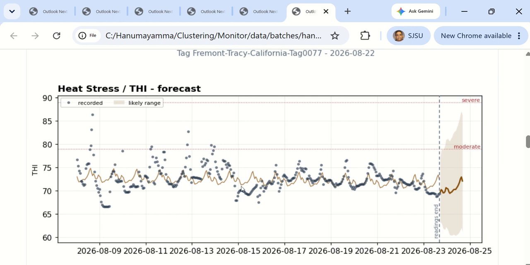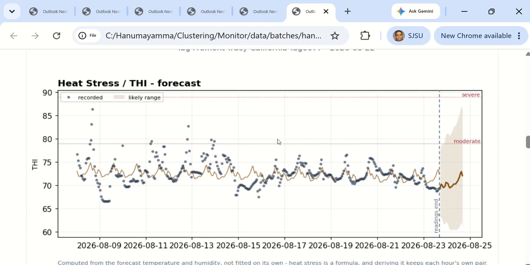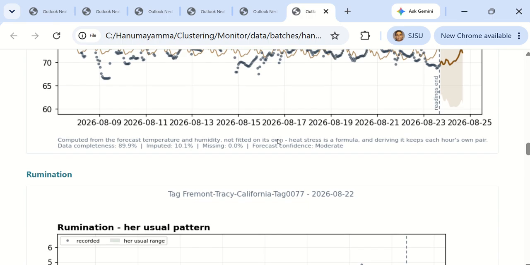The likely range is in brown. And on the right, you see the moderate and severe heat stress zones. Data completeness is 89.9%, imputed is 10.1%, and missing is 0.0%. It is computed from the forecast temperature and humidity, not fitted on its own.